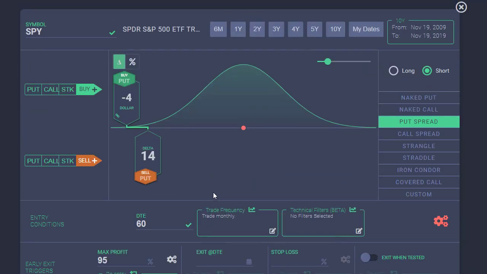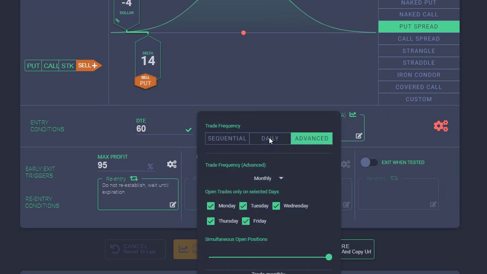So let's go ahead and bump this up. This time we're gonna trade it up to 8 max positions, and we're gonna trade this weekly. So every week it's gonna open a new trade, and you'll end up with several overlapping trades.